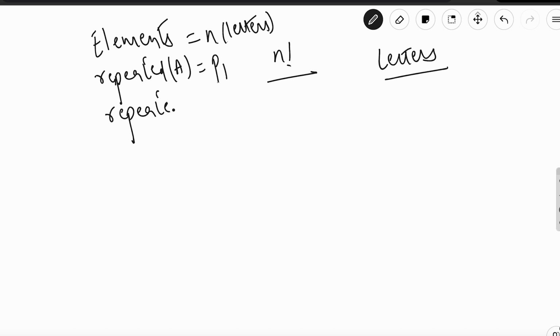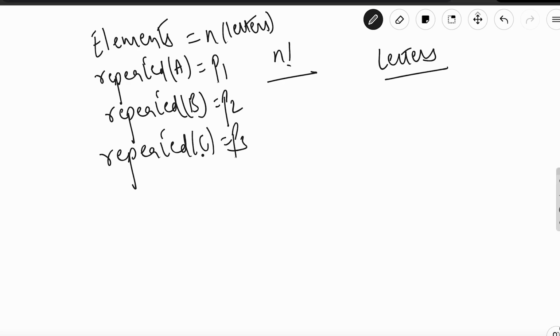Now we have another letter, let's say B, which is repeated p2 times. Similarly, we have a third letter C, which has p3 repetitions. So the final answer will be n factorial, which is the total number of letters, divided by p1 factorial into p2 factorial and p3 factorial.